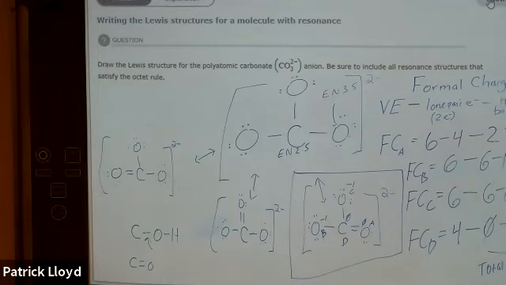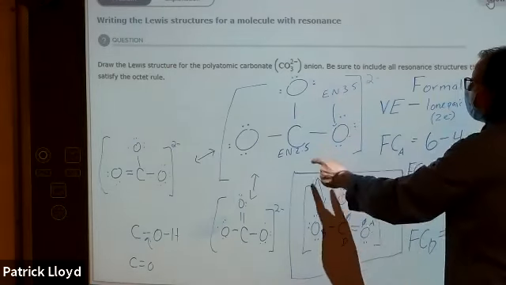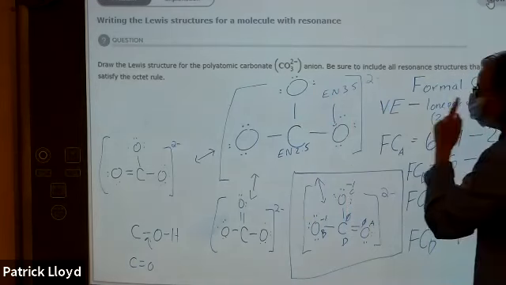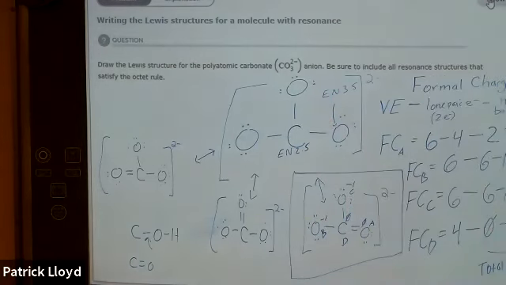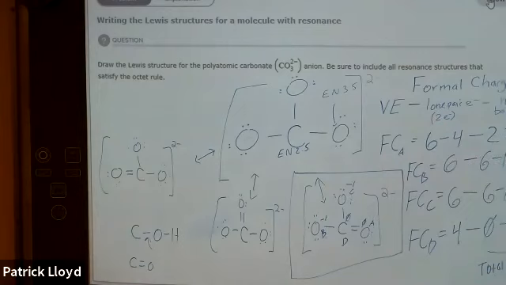The other thing is, if there are negative values, the negative values should be on the most electronegative elements. And in fact, they are, right? Oxygen is the most electronegative element in this substance. It has a negative formal charge in 2 of the atoms. Carbon is less electronegative. It has a formal charge of 0, not -1. So this information here, to some extent, supports these Lewis structures that we've drawn. Okay, they at least don't say that they're bad.